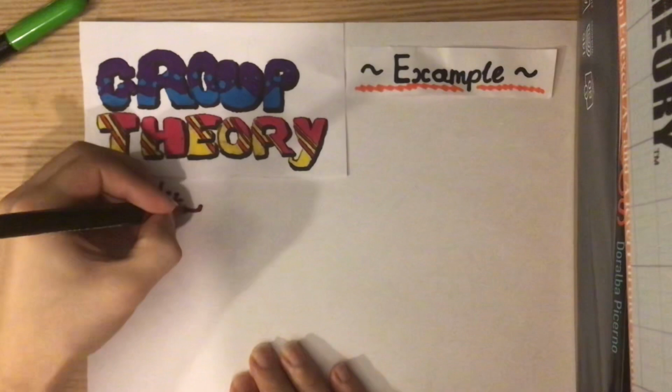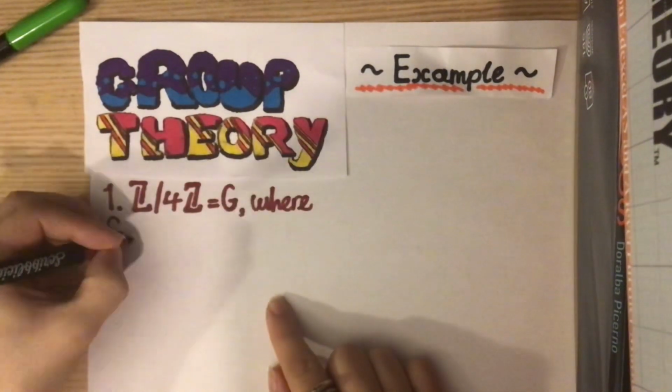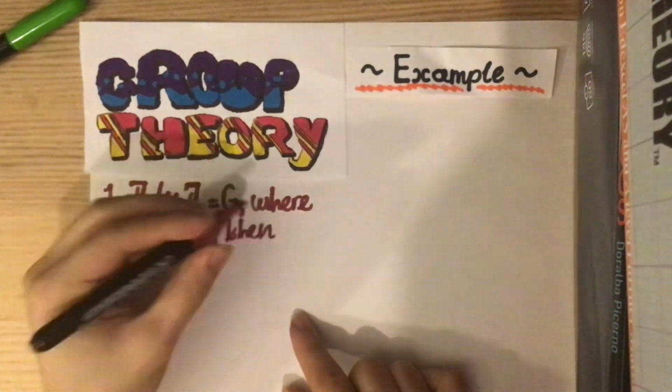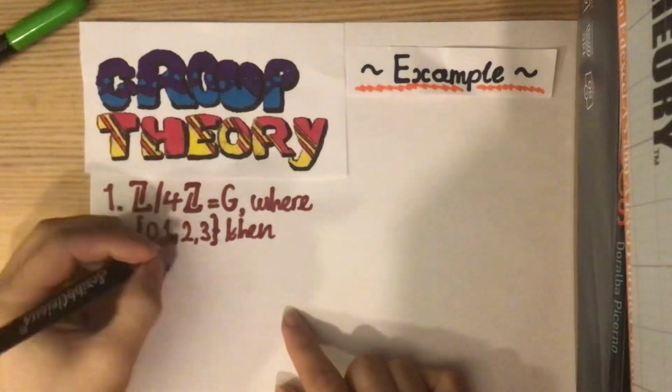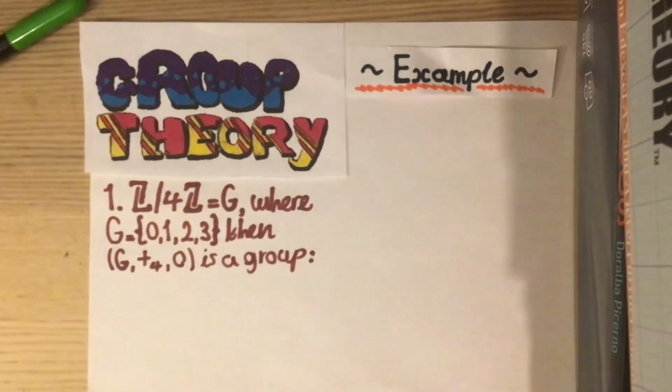Our first kind of group we'll look at as an example is something called a number ring, which are the residues modulo 4, which is the set 0, 1, 2 and 3. We're going to do addition modulo 4, which hopefully you've done modular arithmetic before, and we look at the identity being 0.